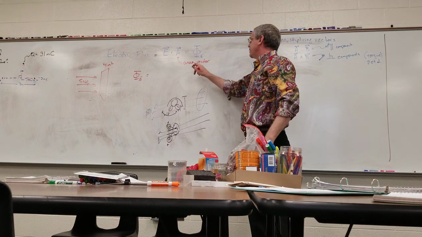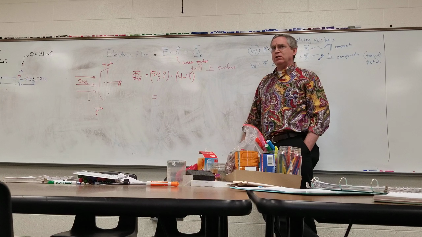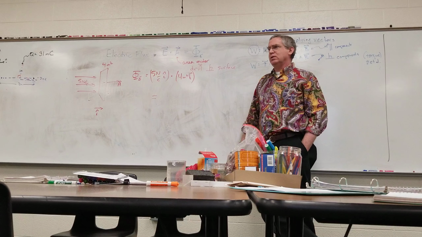Just depends on how formal we want to make it. Let's just make that the I direction. So my electric field here is 5 newtons per coulomb I hat. Dot 4 square meters I hat. When you're multiplying the dot product, don't forget we end up with a scalar, and you multiply like components.